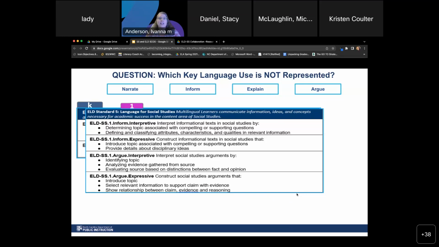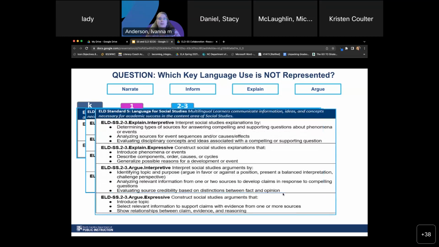How about what happens in second and third grade? Our next grade band is a band of second and third grade. So let's see what happens there. What do you see happening in second and third grade? All right, I saw someone say inform, argue, and explain. So I am going to ask you to look at that. Do you see inform actually listed in second and third grade?